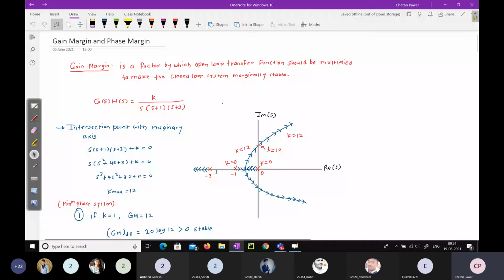We have studied root locus now. You didn't understand the problem, right? At least one fellow should respond. I'm not getting any response from you. How will I proceed? At least one person should give a response.